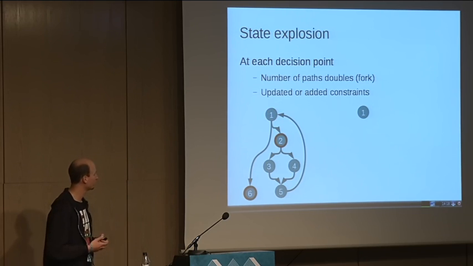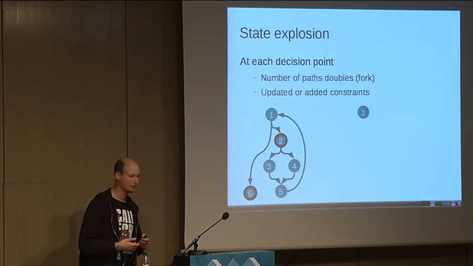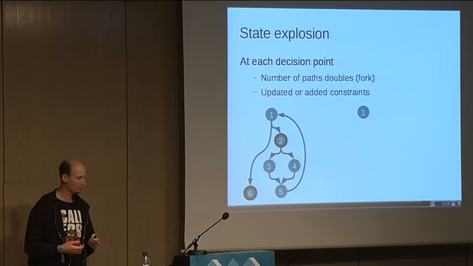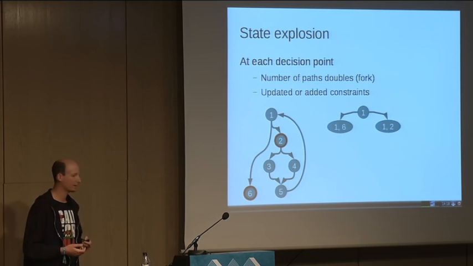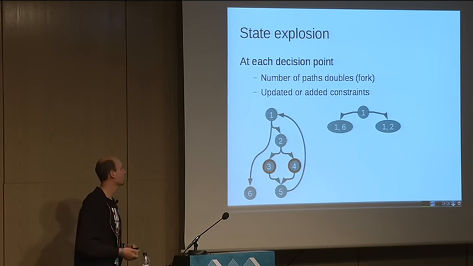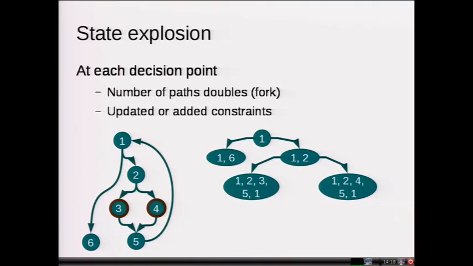Then we have to follow both the second and the sixth point. So we already have 2 paths.